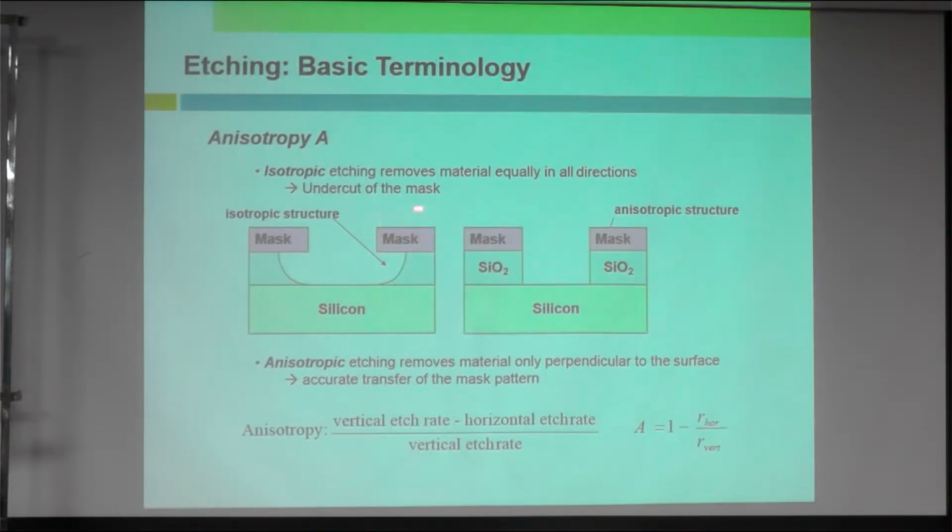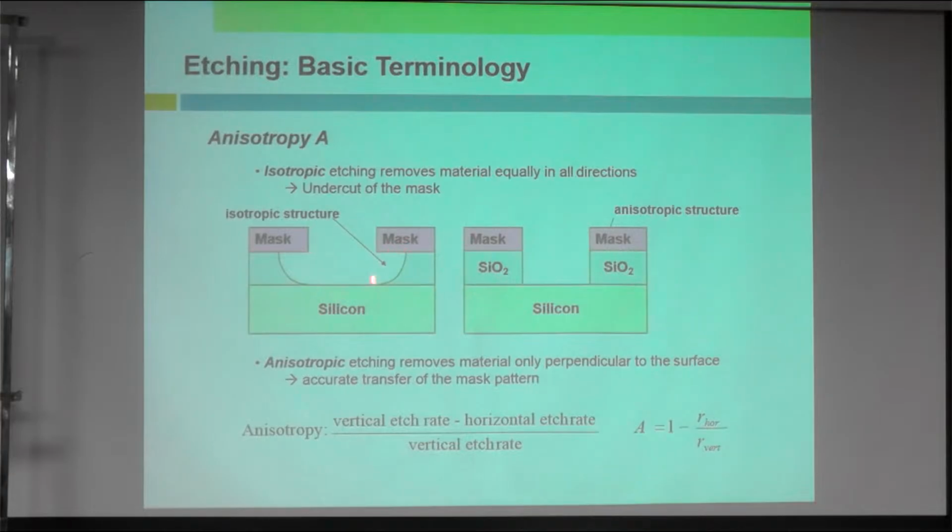Then by default, your design has to consider this, and you might want to make this opening a little bit smaller to consider that the structure that you want to remain might have undercut later on. So that is kind of the strategy that we can have in advance before we do the process or at the design stage.